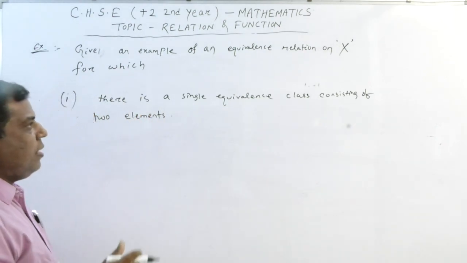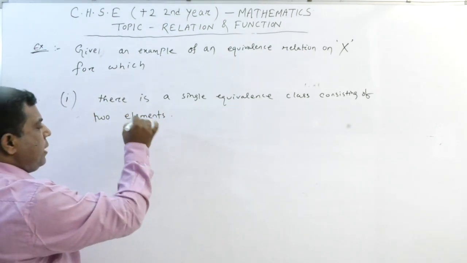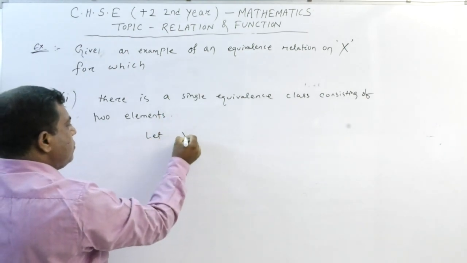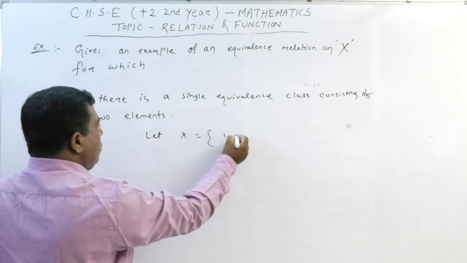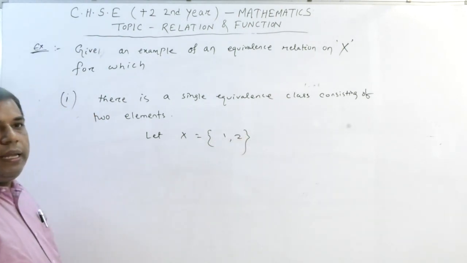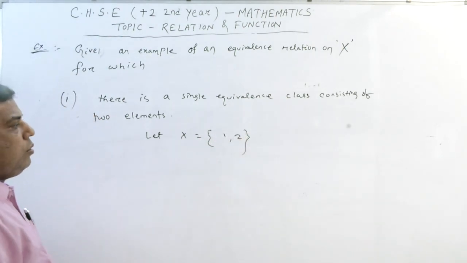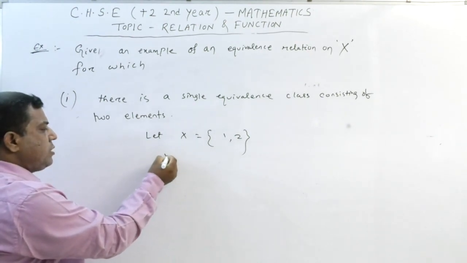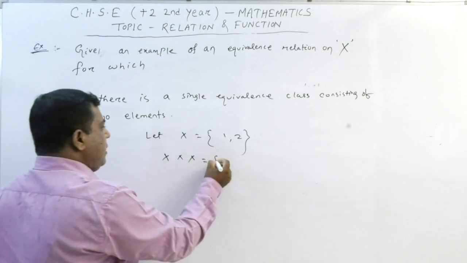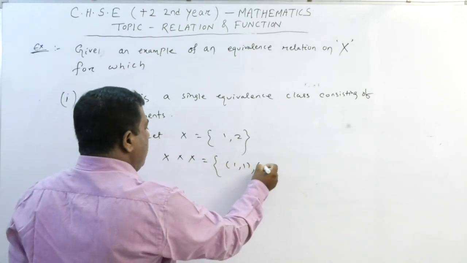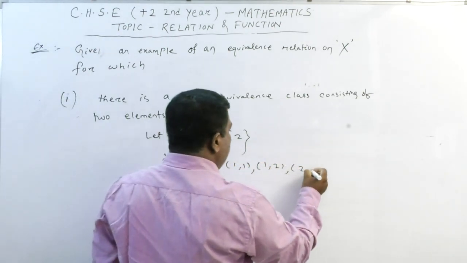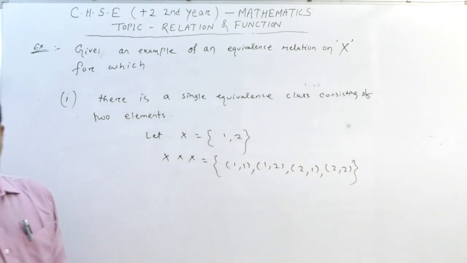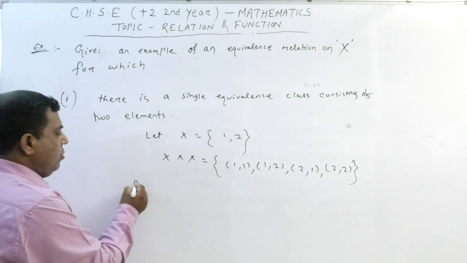You see, what we have to do? We have to take a set. Let set X equal to 1 2, and you know your X cross X, the product set, is 1 1, 1 2, 2 1, 2 2. Take R equal to that.